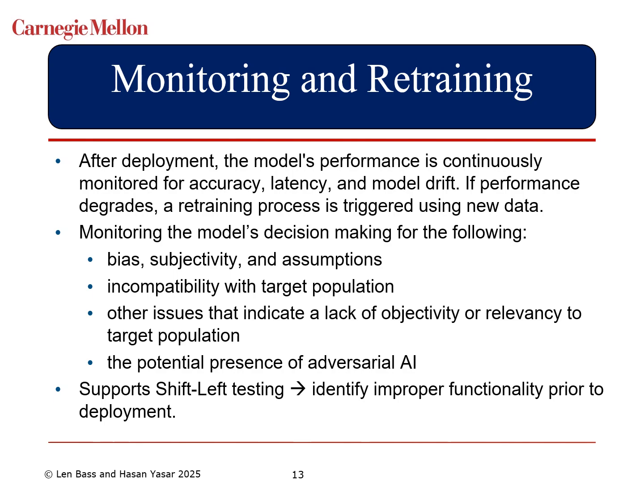Again, to use the housing example, housing prices go up and they rarely go down, but they do. And that would be considered model drift. And so you would have to retrain the model in order to capture the latest set of housing prices.